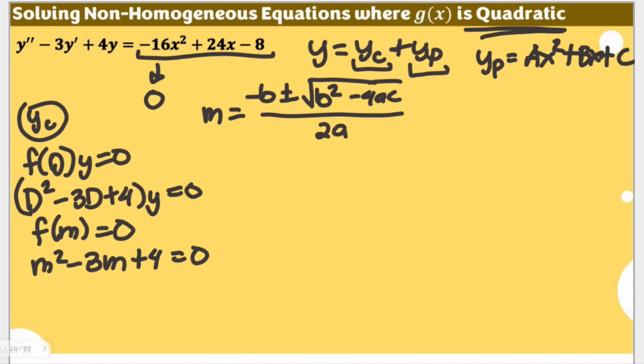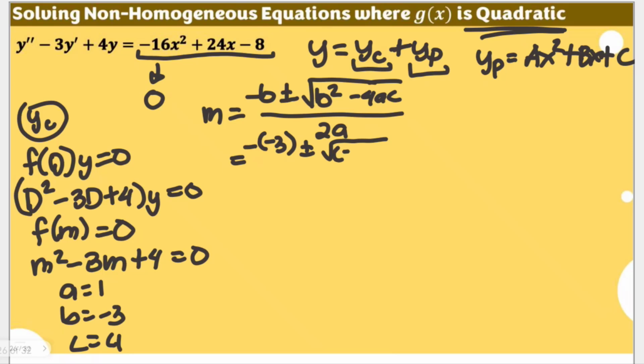You can also use this if you have problems factoring a quadratic trinomial, because our auxiliary equation here is a quadratic trinomial. So our a is 1, b is negative 3, and c is 4. So substitute that here: negative negative 3 plus or minus the square root of negative 3 squared minus 4 times 1 times 4, all over 2 times 1.